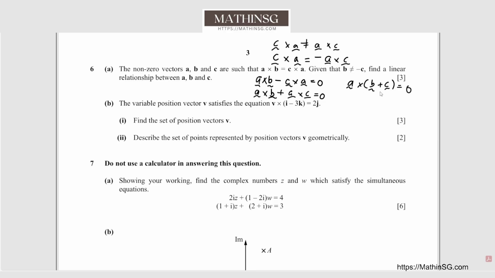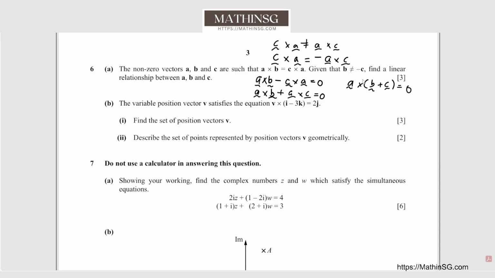When you cross two vectors and you get 0, what this means is that either one of them is 0, or these two vectors are parallel to each other. We are given some information: a, b, and c are non-zero, so we know that a cannot be 0. In addition, we also know that b is not equal to minus c.